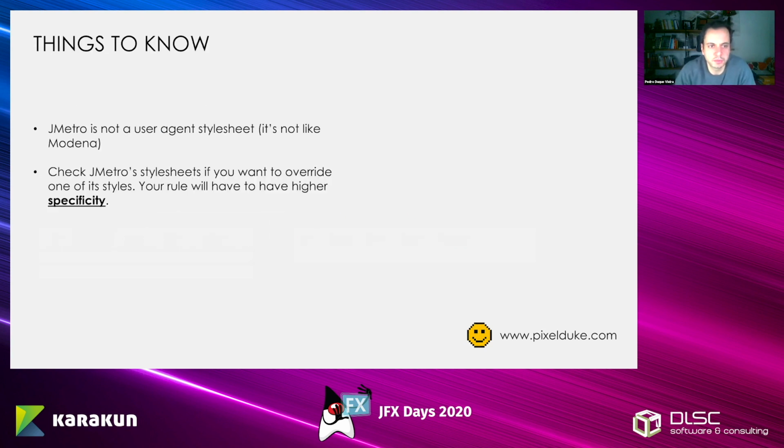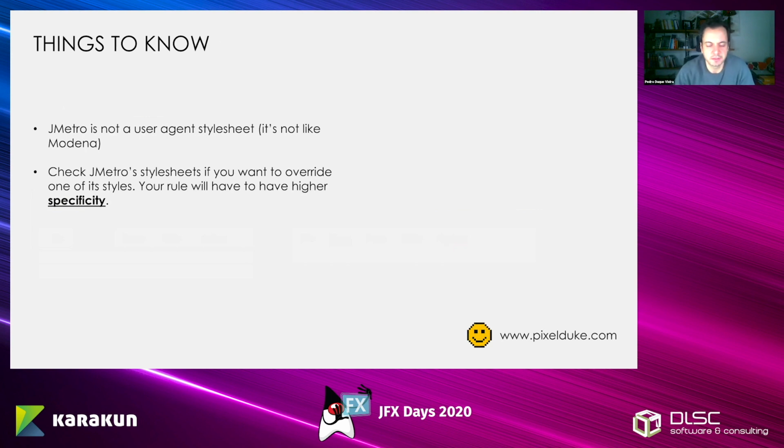Some things to know: JMetro is not a user agent style sheet, so it's not like Modena. That means it's just another style sheet, and most, if not all, JFX teams that I know of use the same approach. Though I want to change that in the future in JMetro and make it a user agent style sheet as well.